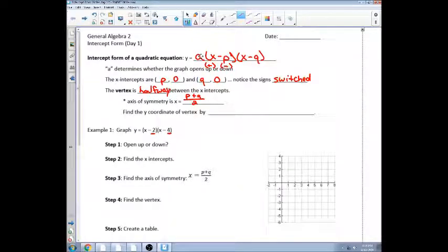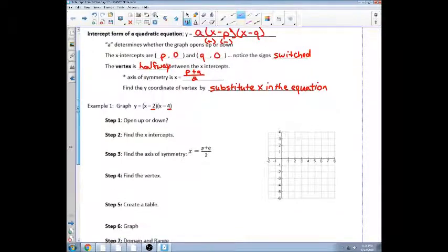And to find the y-coordinate of the vertex, we will just substitute x in the equation. So once we find our vertex, it's exactly the same thing as what we've done on vertex form and standard form. It's just going to be a little bit different to start how we're going to graph these, okay?